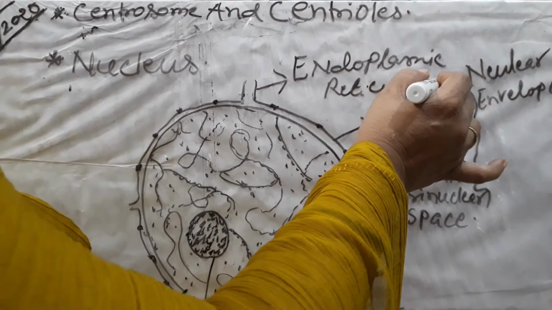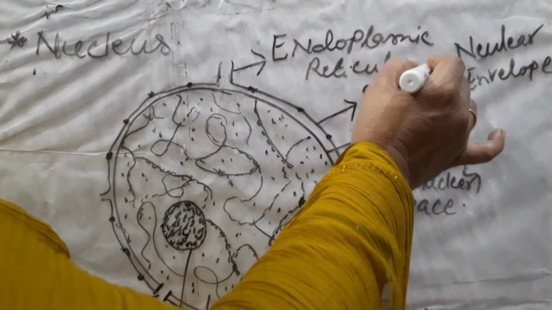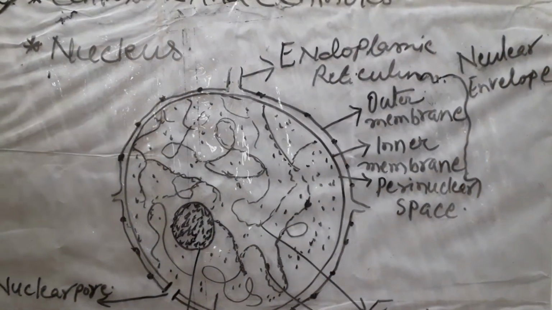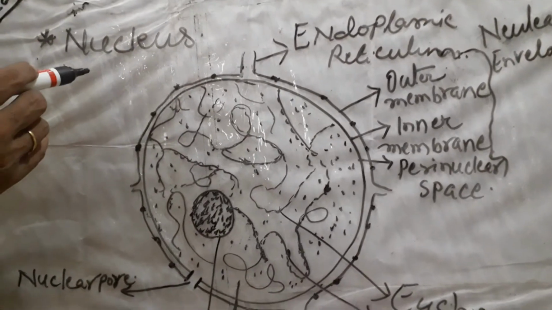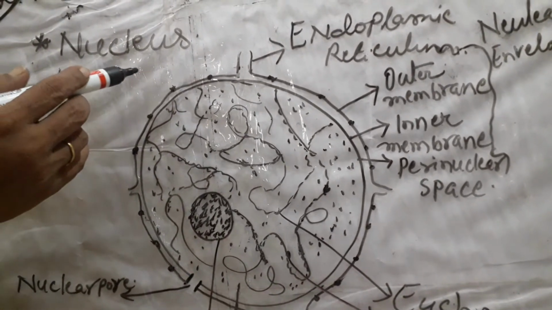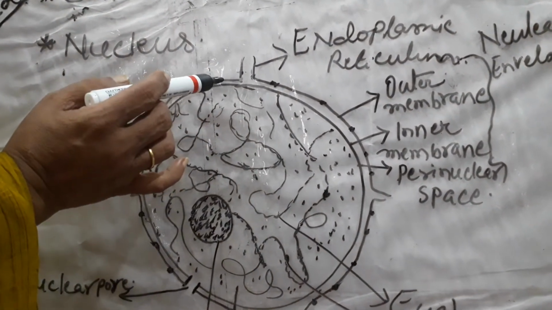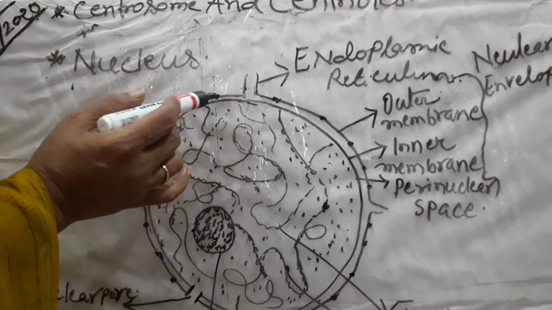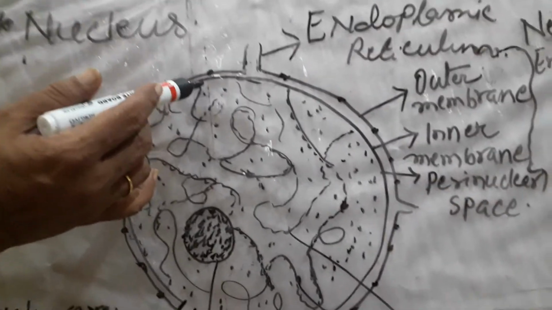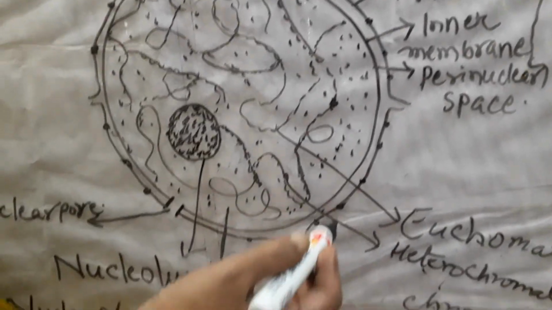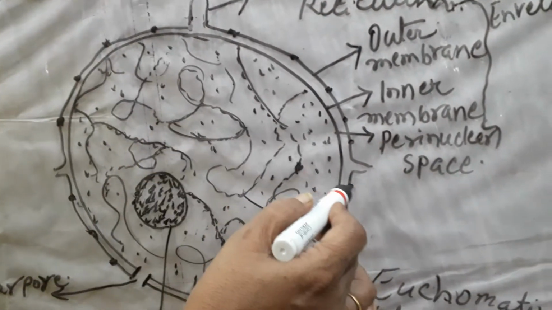The outer membrane usually remains continuous with the endoplasmic reticulum and also bears ribosomes. These are ribosomes.